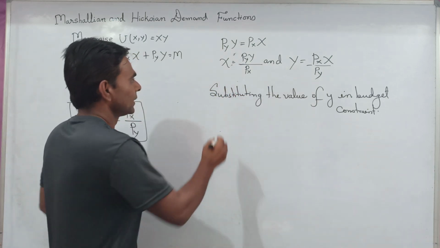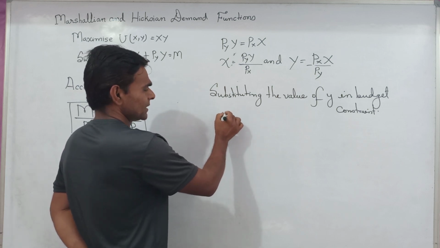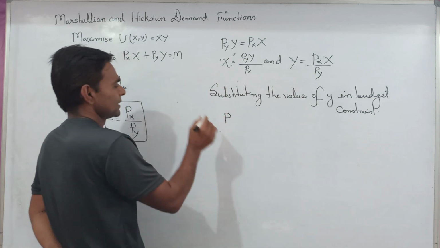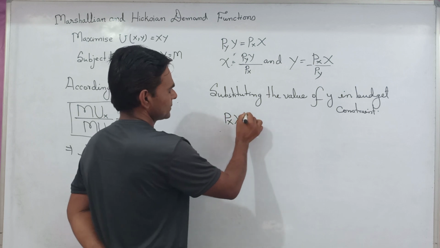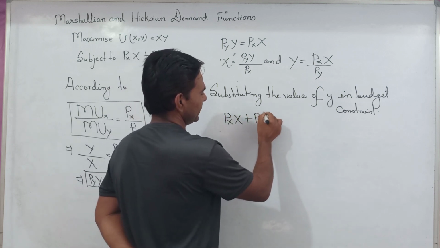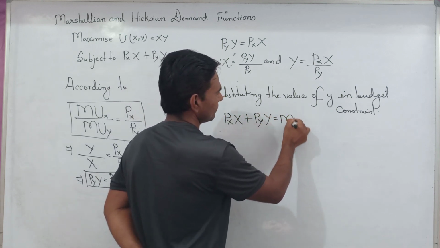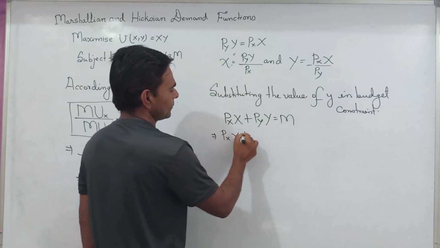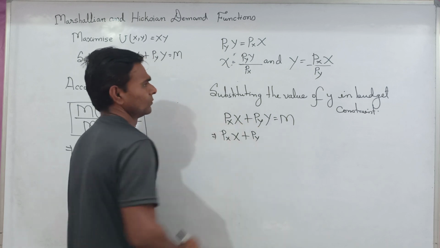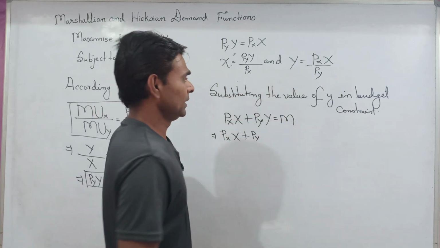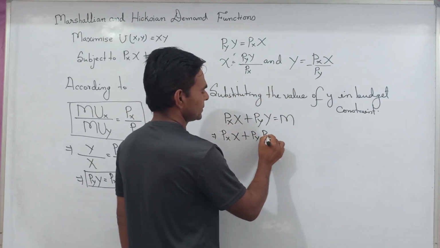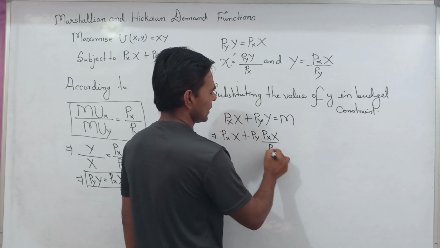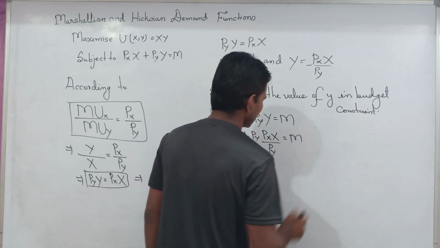You know what the budget constraint is, it is given in this question: price of X into X plus price of Y into Y equal to M. Price of X into X plus price of Y into, what value for Y? Price of X into X by price of Y, equal to M.